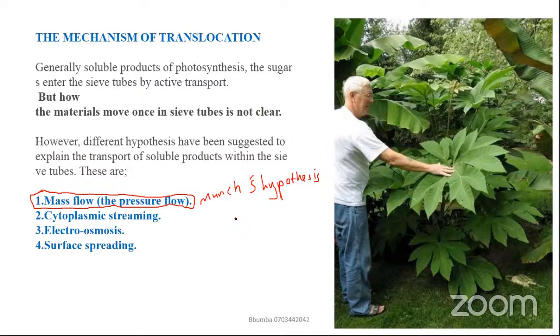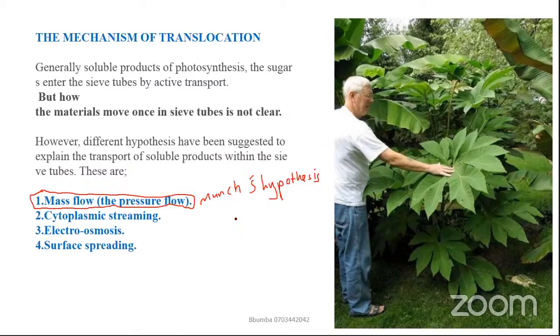You can say, for example, whenever I touch a plant, it produces food. Now, that is a hypothesis. It is just an academic guess. And for it to become a theory, you must carry out experiments to prove it beyond reasonable doubt so that they can call it a theory.